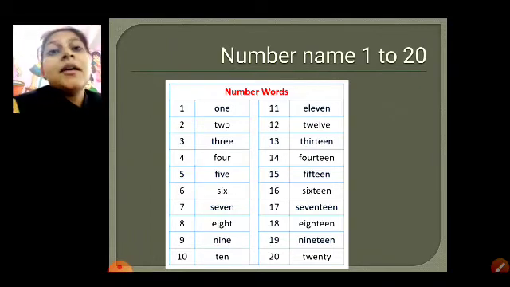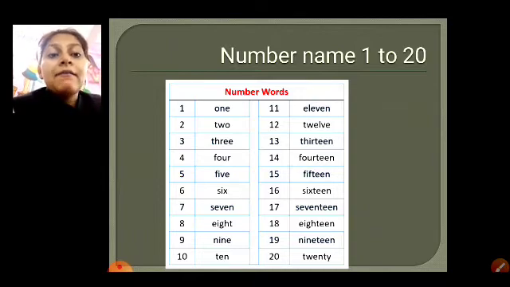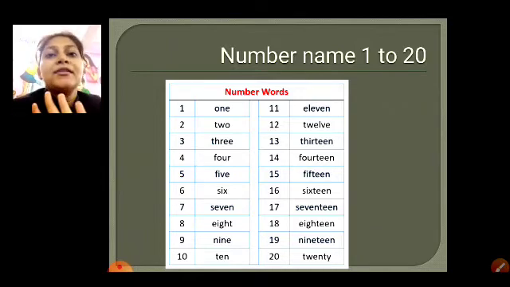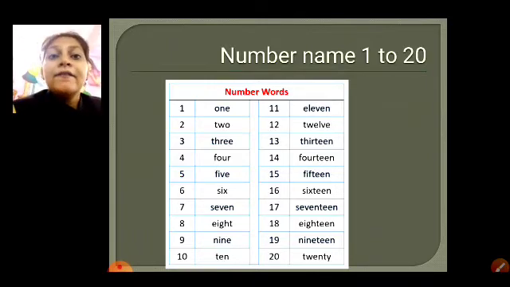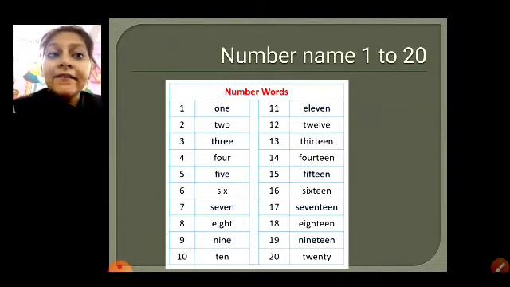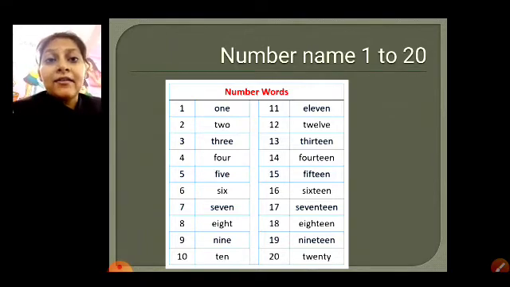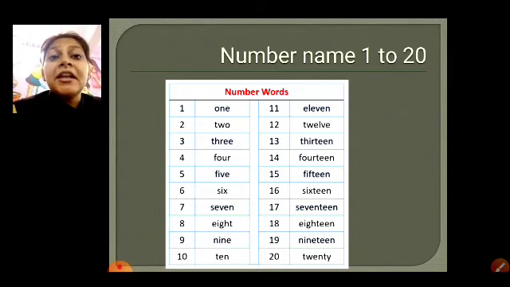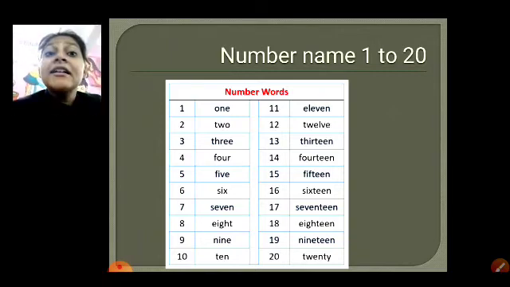See, here are some tricks to remember the numbers 11 to 20. For 11 there is no such idea, so you have to remember it: ELEVEN, right? 12, TWELVE. 13, THIR, see, there is the 13.